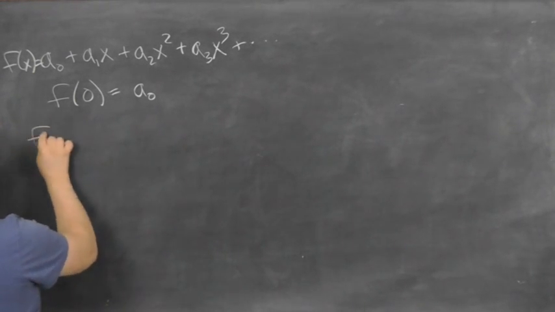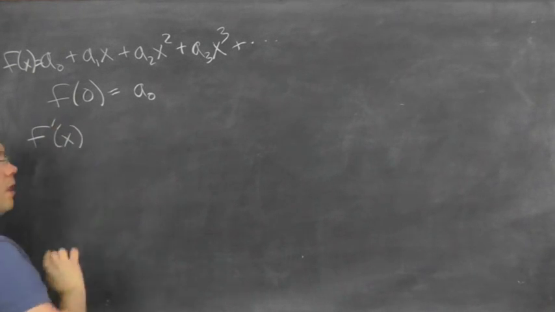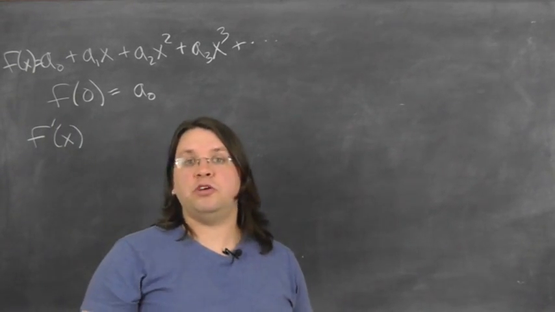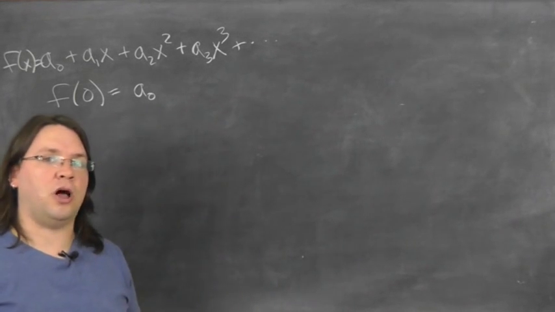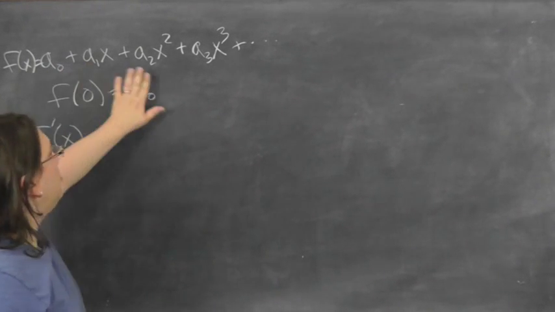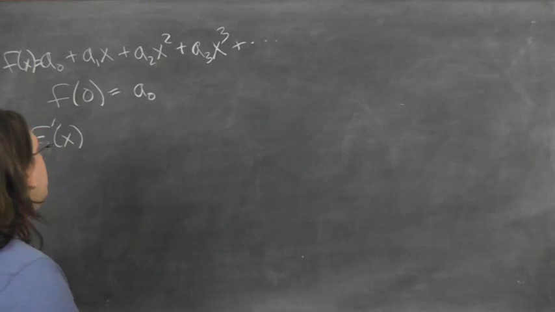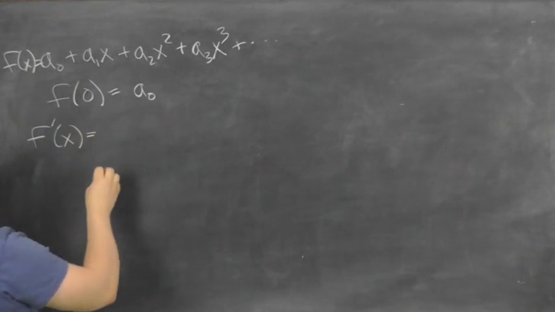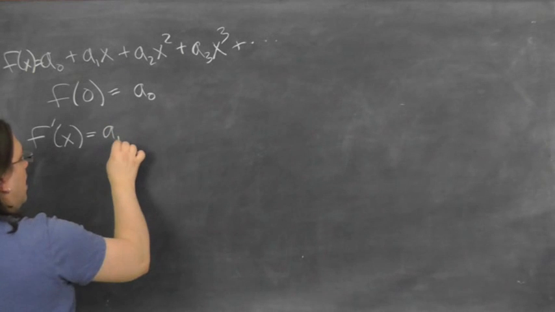What happens then if we take the derivative of this series? Well, we want to treat these like polynomials, so we should take the derivatives as if this were a polynomial. That just means take the derivative of each term separately. If I take the derivative of a constant, that goes away. If I take the derivative of a1x, I just get a1.